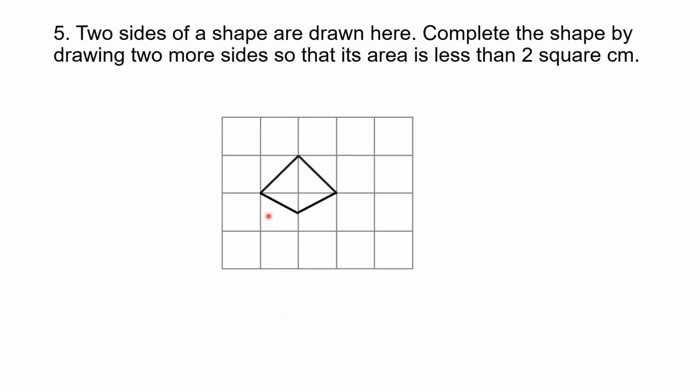Now we have to check whether the area of this new shape is less than 2 square centimeters or not. Let us count the number of half squares. Number of half squares is 2.